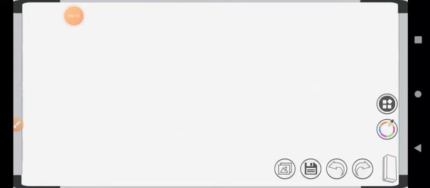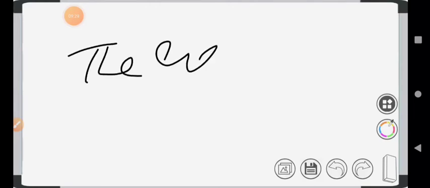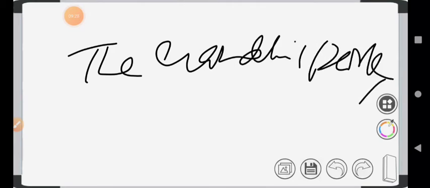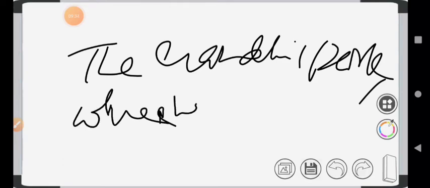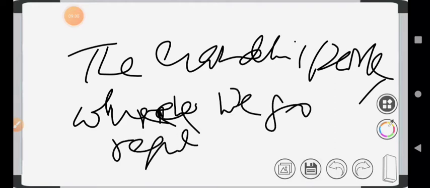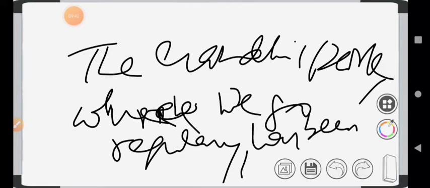For example, I am talking about the Gandhi Park, comma, where we go regularly, has been closed.